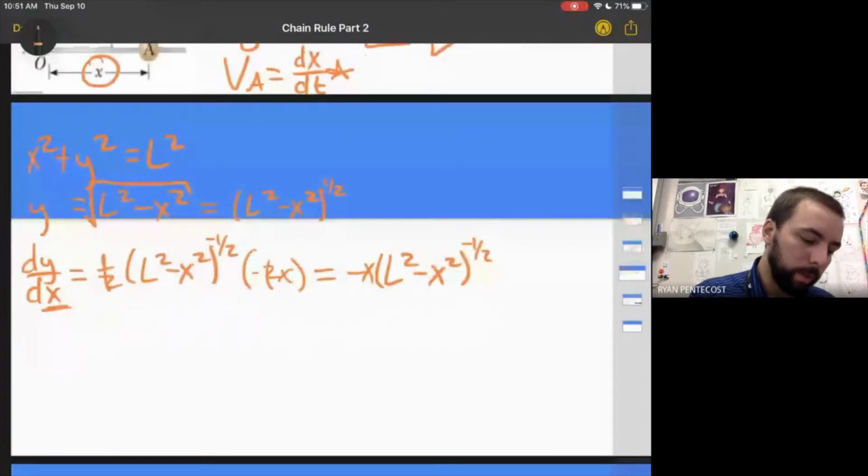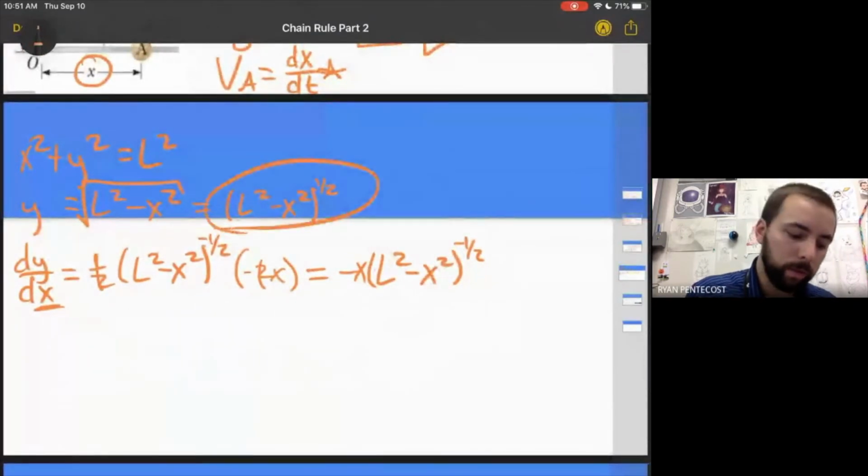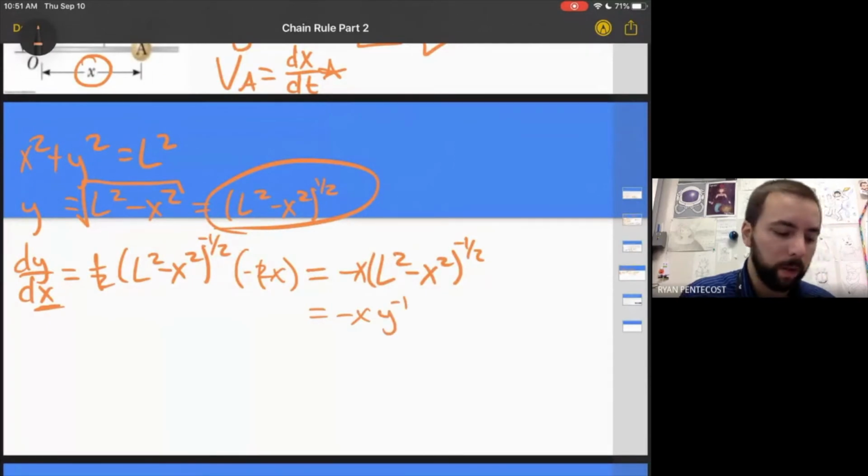However, if we look up here, y looks like it might be able to be substituted. This section here can also be said to be negative x times y to the negative first power. If we take this y up top and put that to the negative first power, we get this section here. If y is to the negative first power, that's actually 1 over y, right?